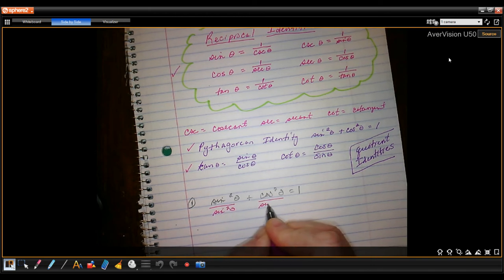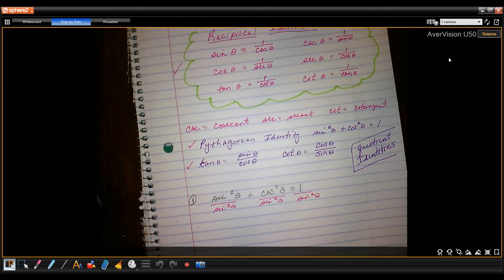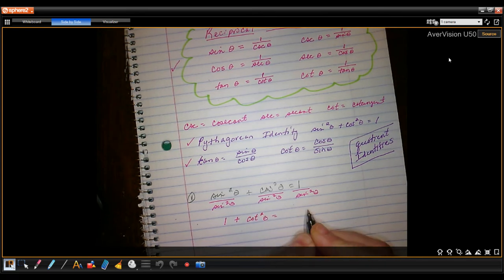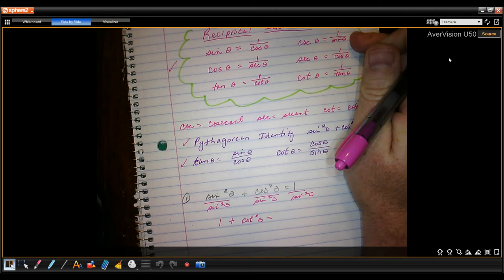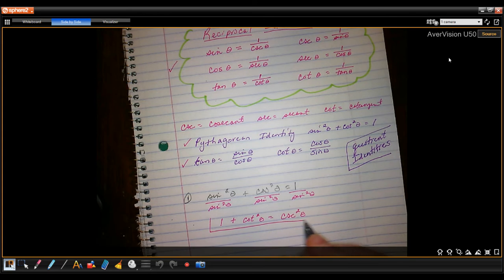If we do it to one thing, we do it to everything, keeping the equation balanced, right? Sine squared over sine squared is 1, plus cosine squared over sine squared, we just learned, is cotangent squared, equals 1 over sine squared, and 1 over sine is cosecant, so cosecant squared theta. We've just created another identity.